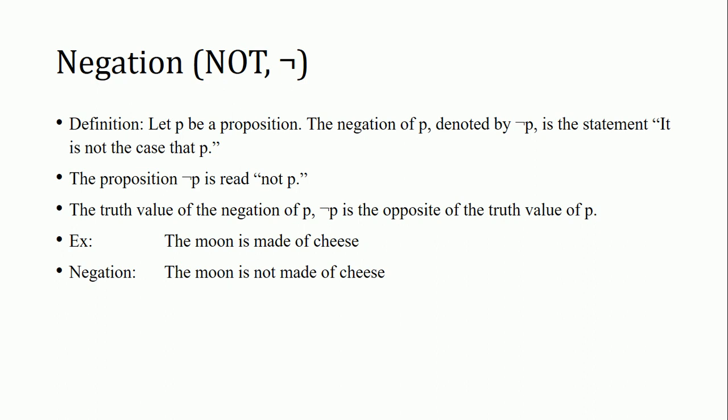Since the truth value of the original P, the moon is made of cheese, is false, the negation, the moon is not made of cheese, has a truth value of true, because it is true that the moon is not made of cheese. See? It is that easy.